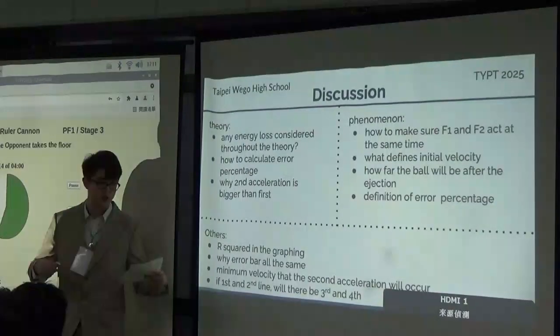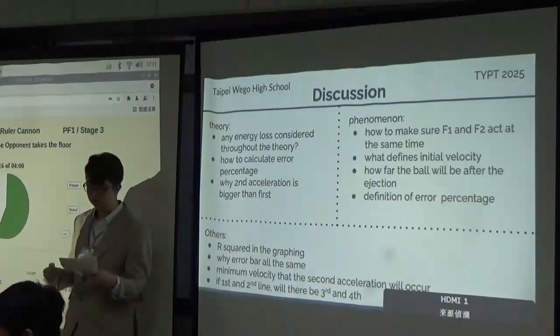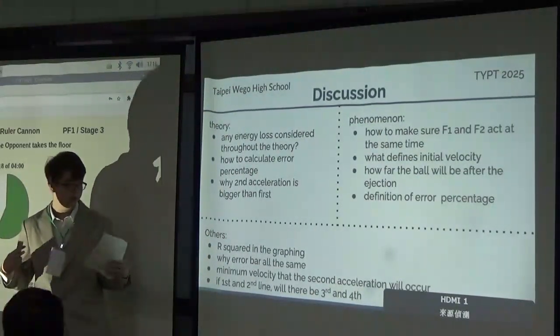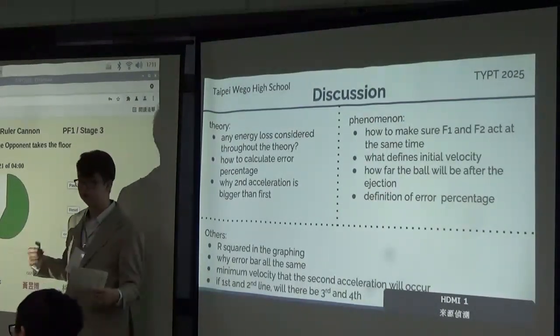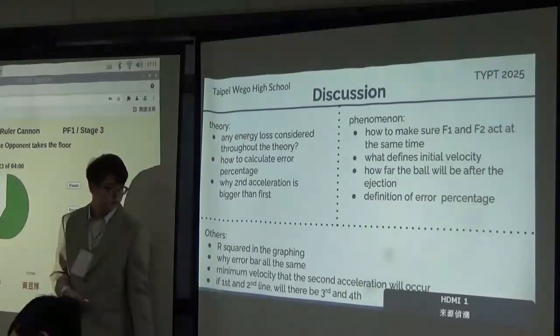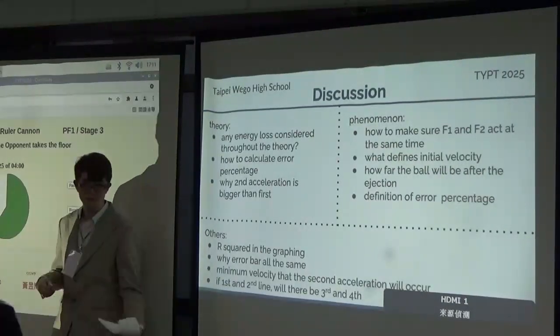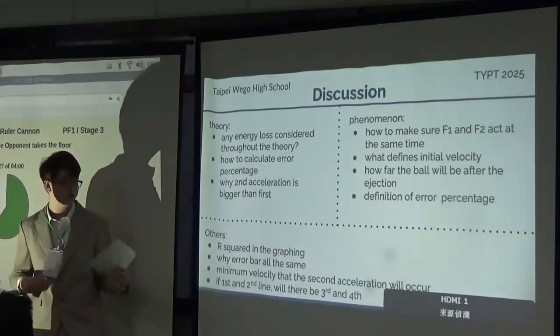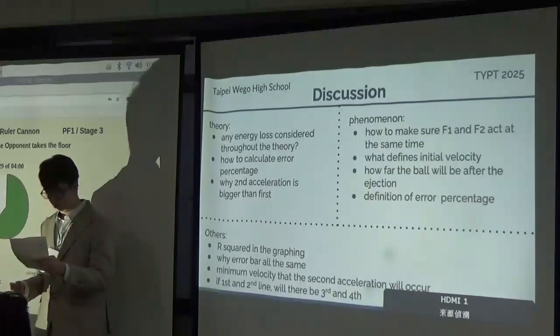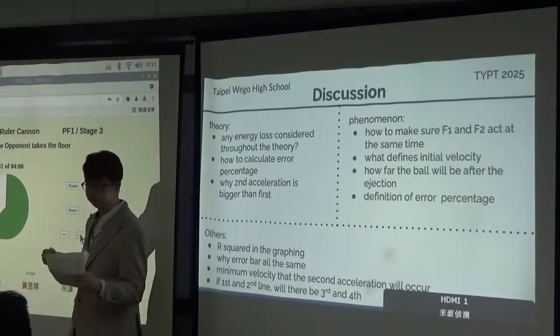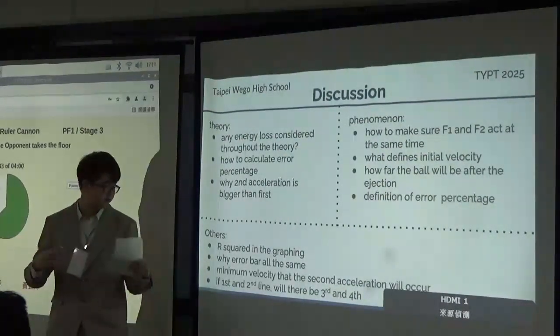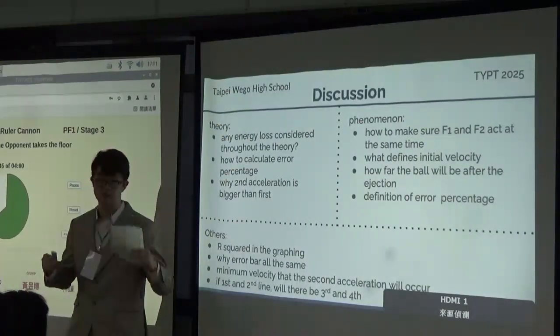Other points include the R squared and graphing, which they didn't include, and why the error bars are all similar, and why the minimum velocity at which the second acceleration will occur, and with a bigger radius, could there be a third and fourth acceleration line?